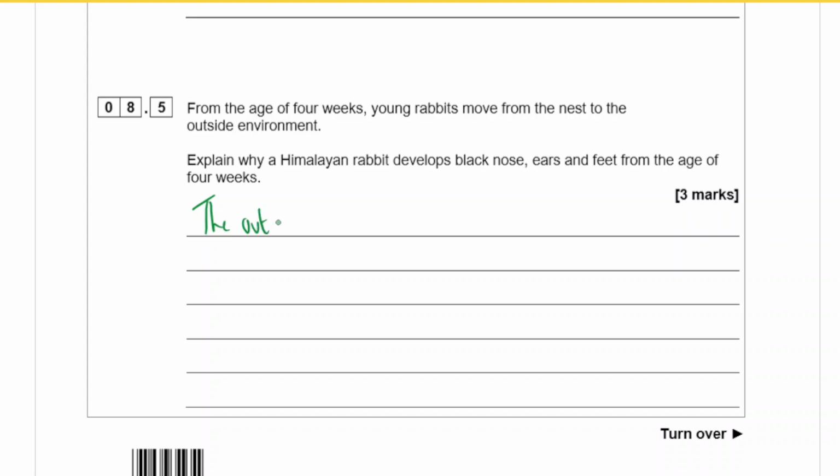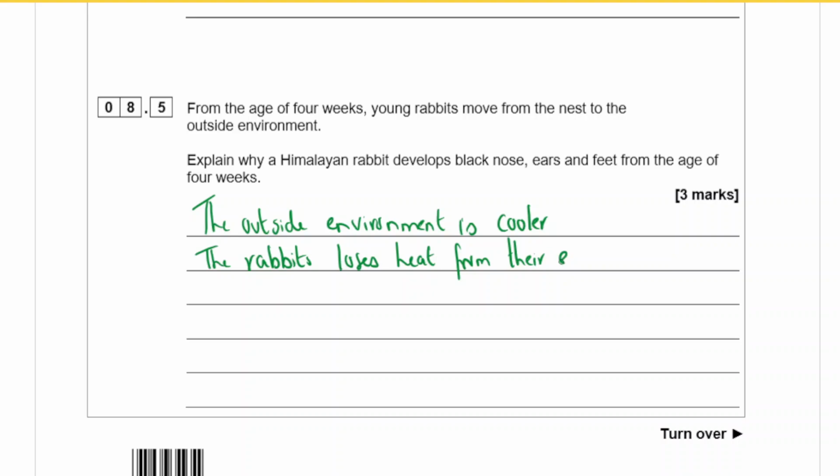The rabbit loses heat from their extremities, which is the nose and ears and feet.